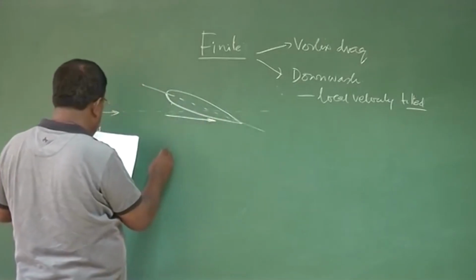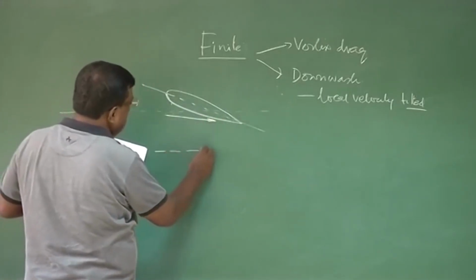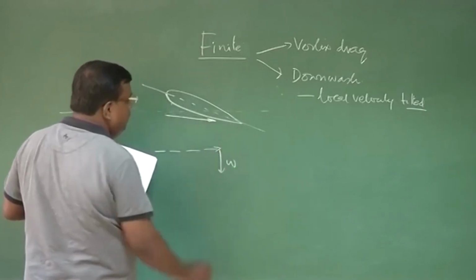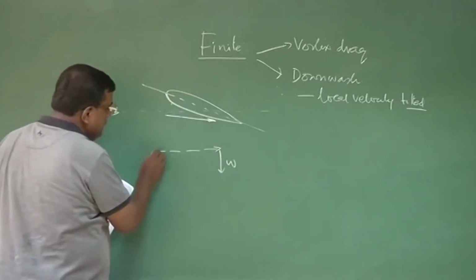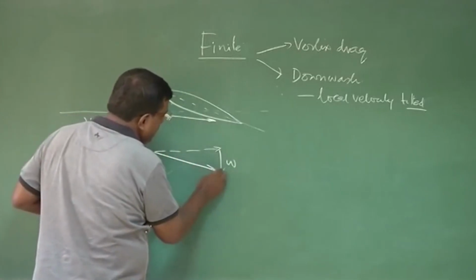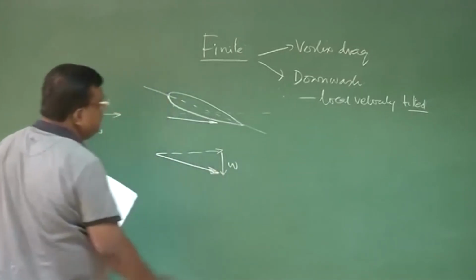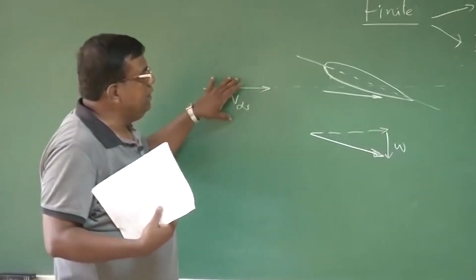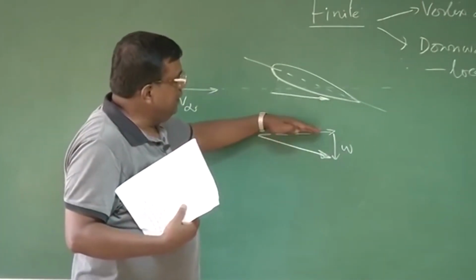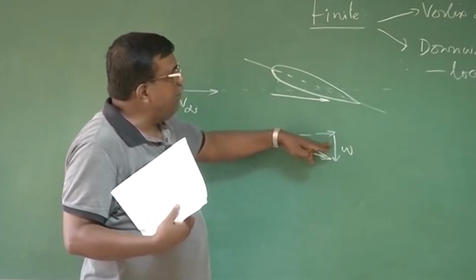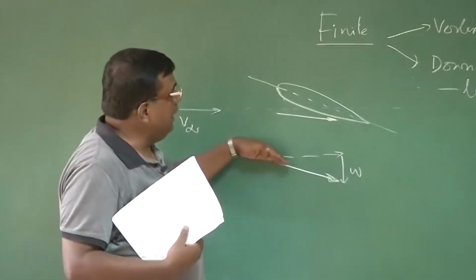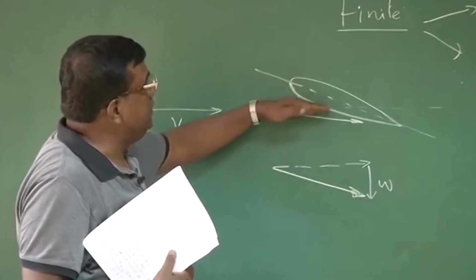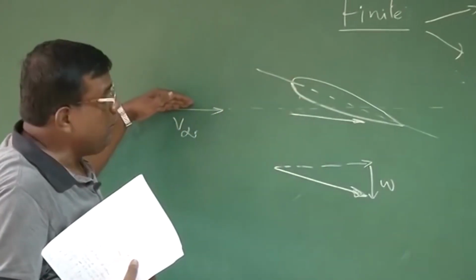And this tilt, if I try to draw, is nothing but this is the free stream and this is the downwash denoted by W. Then this is the resultant velocity vector which comes because of the downwash. Please note that the free stream velocity gets superimposed with the downwash because of wingtip vortices, and the velocity vector gets tilted. So the local velocity vector is different from the free stream velocity vector.